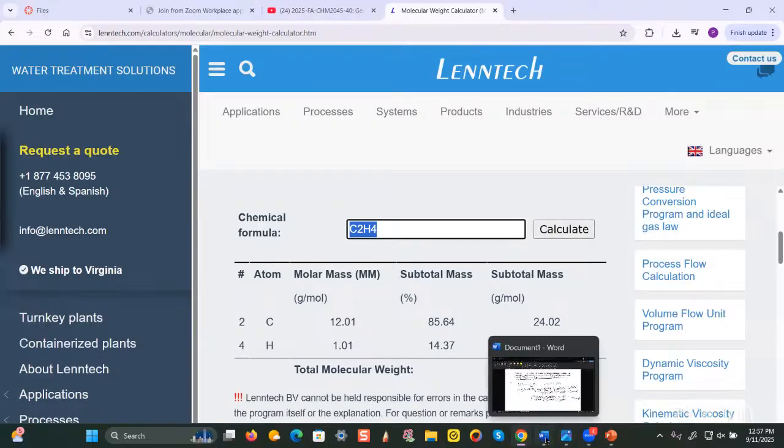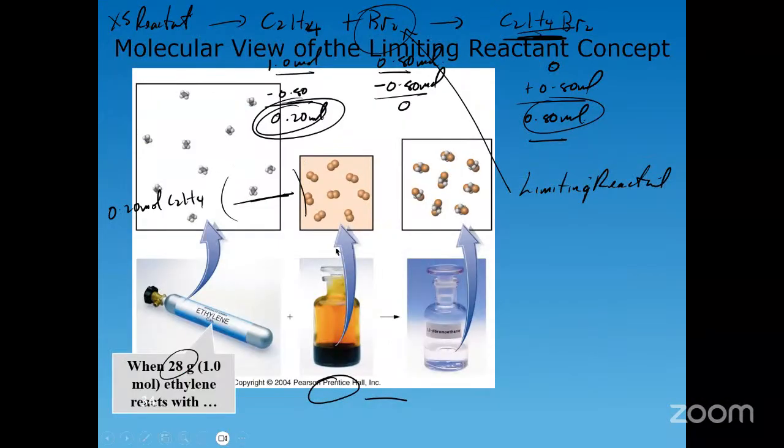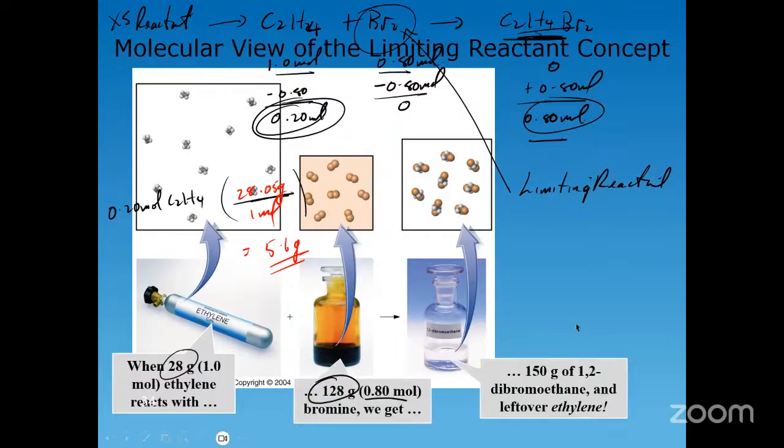All right, so here I'm going to put 28.05 grams over 1 mole. So 0.2 times 28.05. So according to my calculation, rounded off to 2 sig figs, that would be 5.6 grams. So that would be the amount of the ethylene that is left over at the end of this reaction, right?